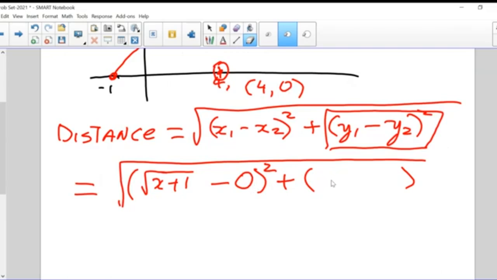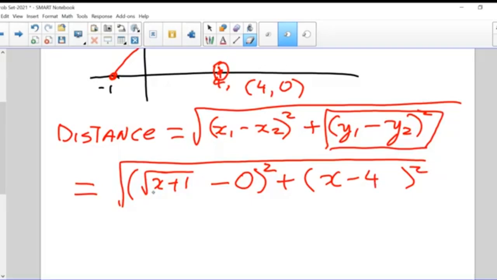What do we put on the other side? Okay, let's see. X minus 4. Thank you very much. That's exactly right, Ashland.